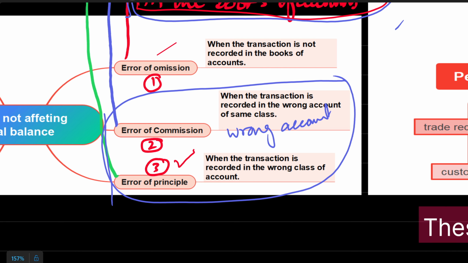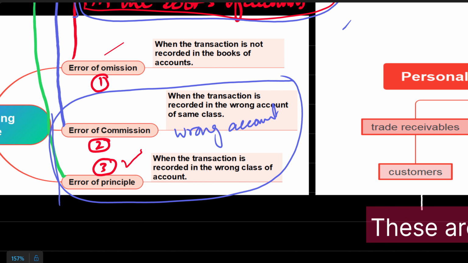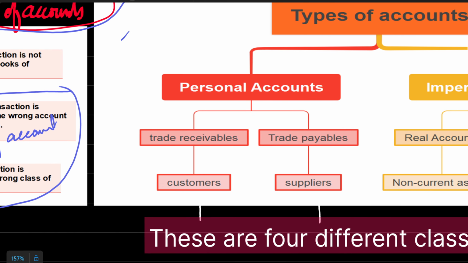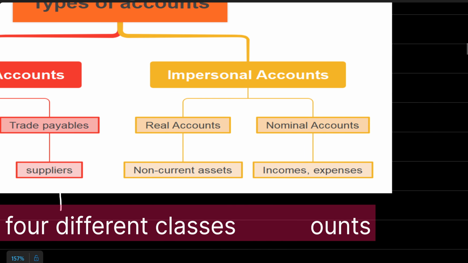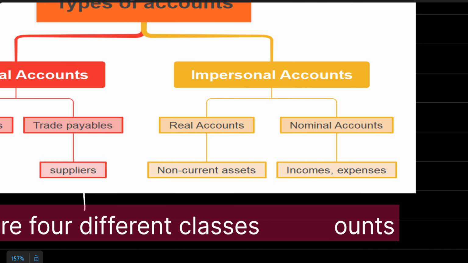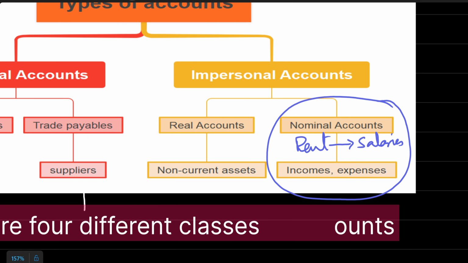But what is the difference if both are the errors of recording in a wrong account? So students, for example, rent is an expense. Expenses are nominal accounts. If rent is recorded in salaries account, this is a wrong account, but both expenses relate to the same class.